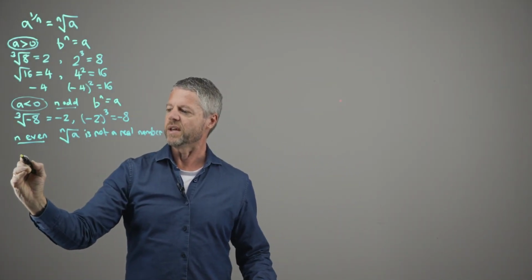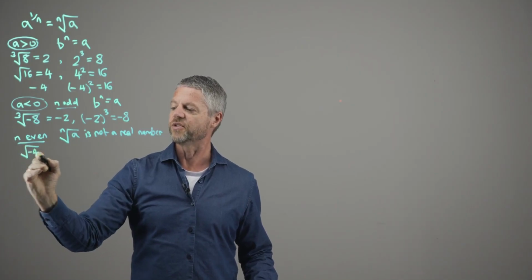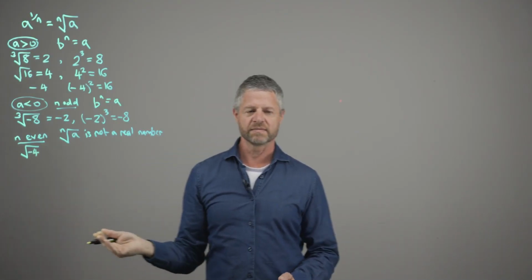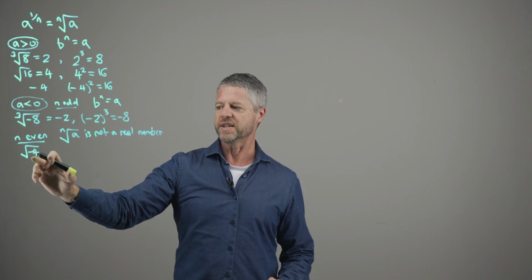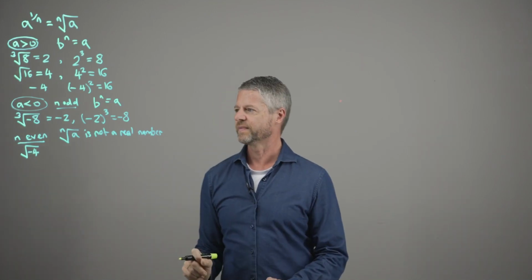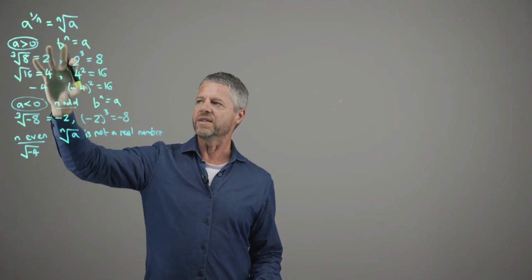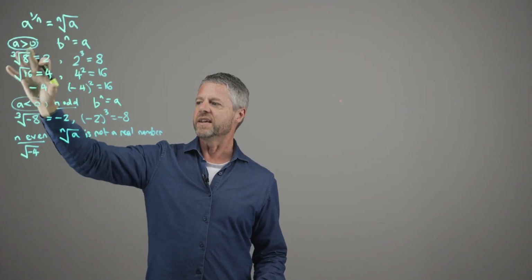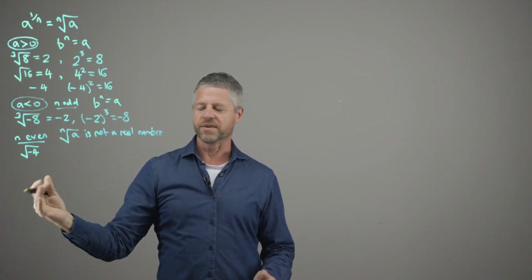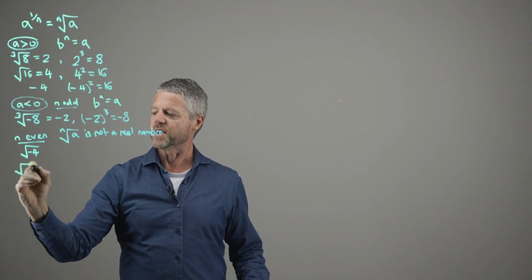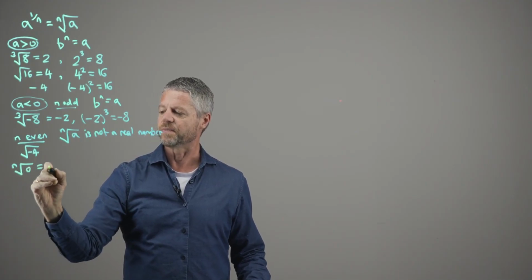So an example here would be if I tried to take the square root of minus 4, then there is no such real number that I could square to get minus 4. And the only other thing that we need to worry about here is when a is equal to 0. But that's easy because the principal nth root of 0 is just 0.